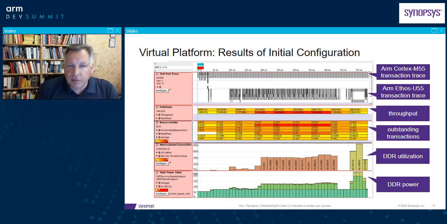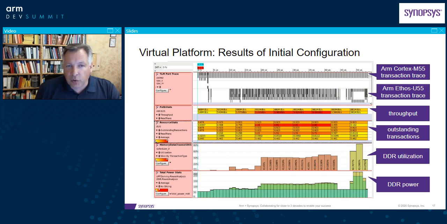What you see here, for example, on the very top, are transaction traces of the transactions that go over the bus from the ARM Cortex M55 system that controls the entire system. Below that, you see the transaction traces of the ARM Ethos U55 that does the inference.